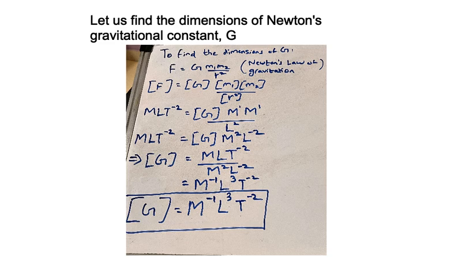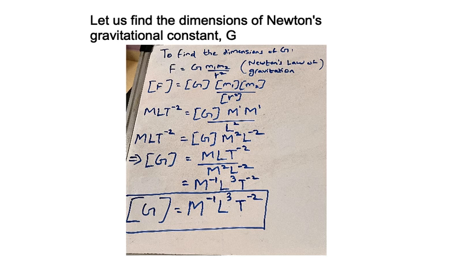So let's start. We have this equation F equals G m1 m2 by r square. Let us see how the dimensions of this equation work. The dimension of F will be equal to the dimension of G multiplied by the dimension of m1 multiplied by the dimension of m2 divided by the dimension of r square.